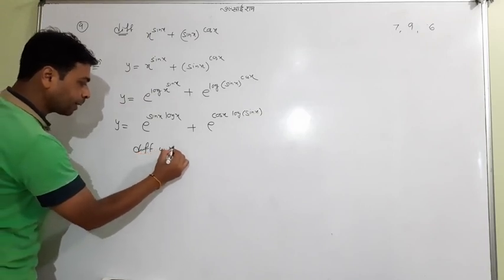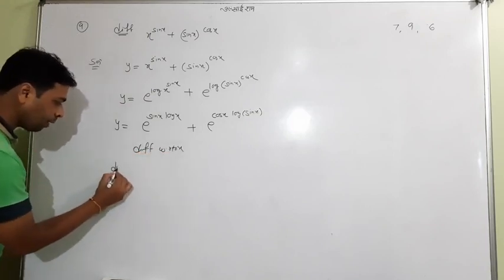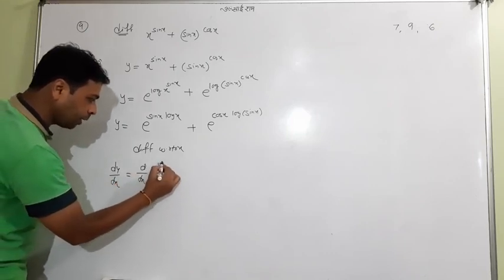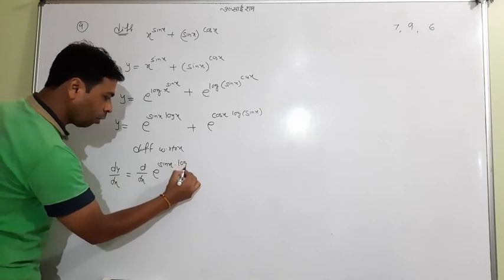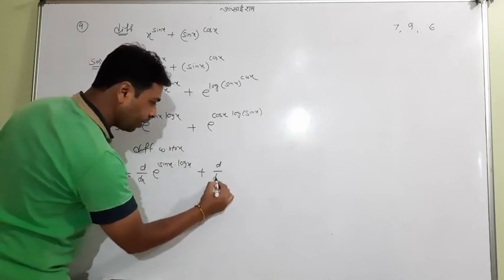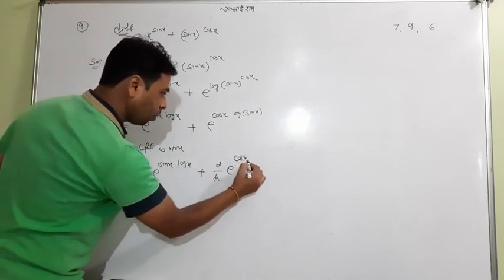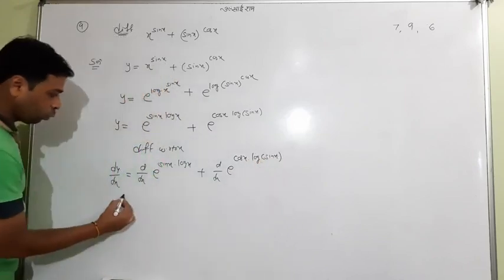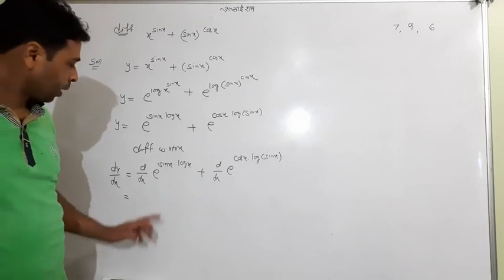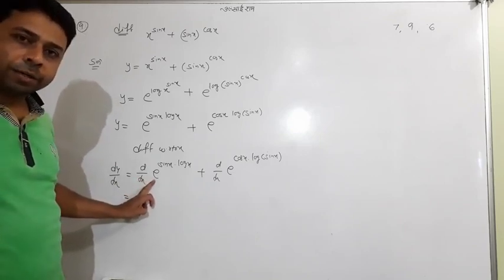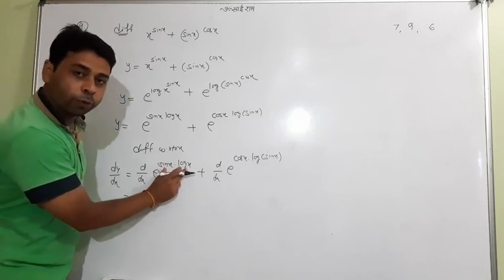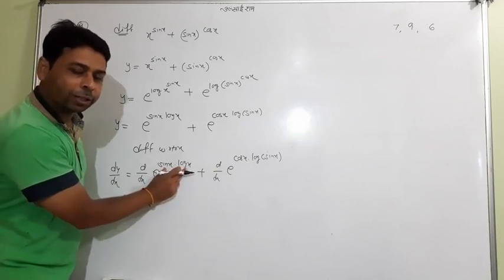Differentiate with respect to x. This is going to be dy by dx equals d by dx of e to the power sin x log x, plus d by dx of e to the power cos x log sin x. Now do the differentiation, it's very simple. The differentiation of e to the power something is the same, but since it is sin x into log x, we differentiate again by the chain rule.